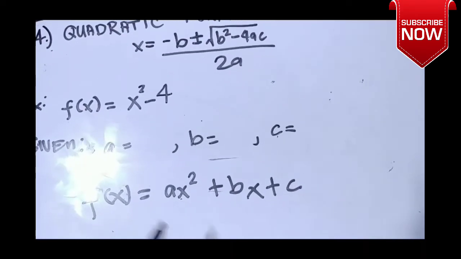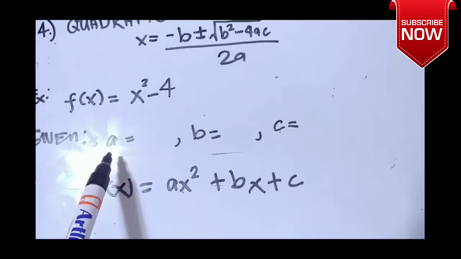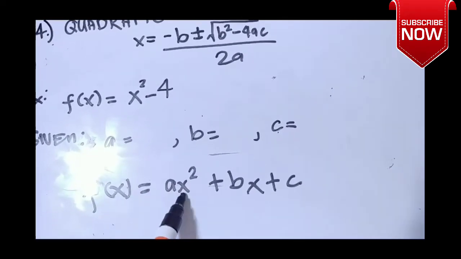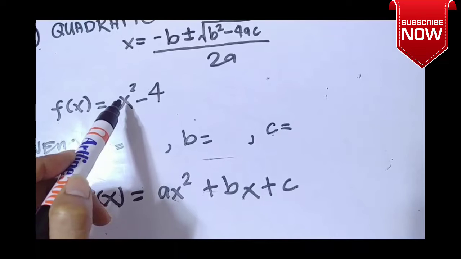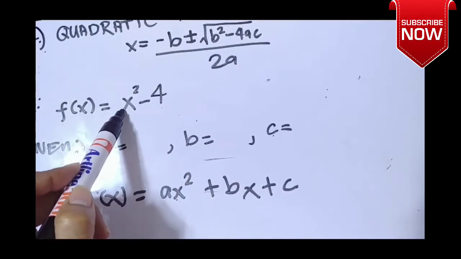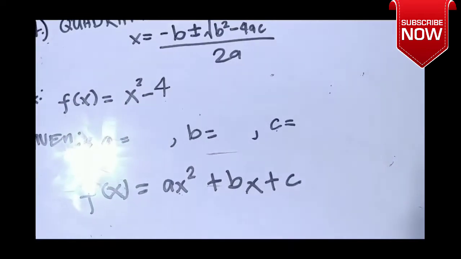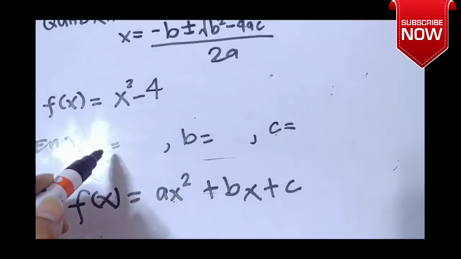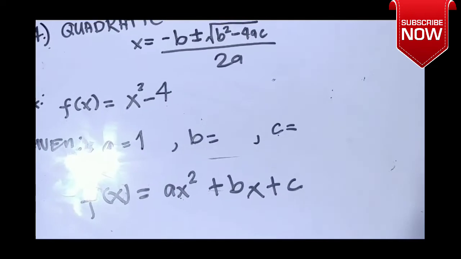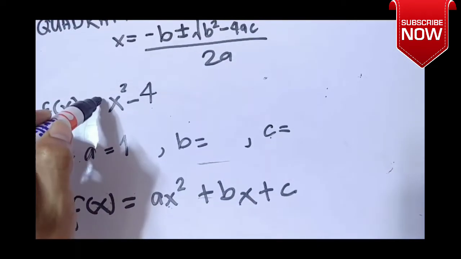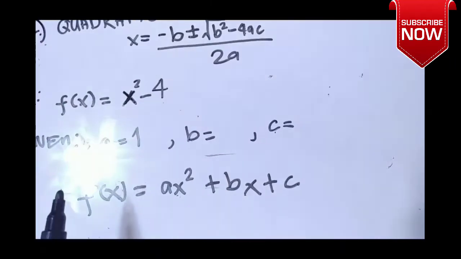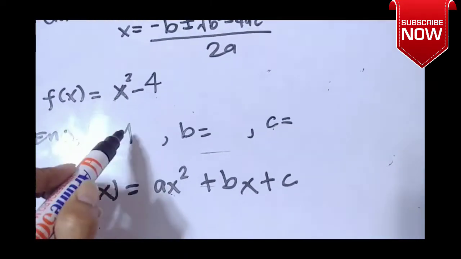At dahil sabi ko kanina, ang a, that is the term for the numerical coefficient ng x squared. At kung mapapansin natin dito sa equation na x squared minus 4, ang coefficient ng x squared is understood to be 1. Kaya isusulat natin dito na a is 1. Bakit 1? Kapag wala kayong nakitang numbers na katabi ng x, halimbawa single lang siya, automatic isulat mo ng 1.